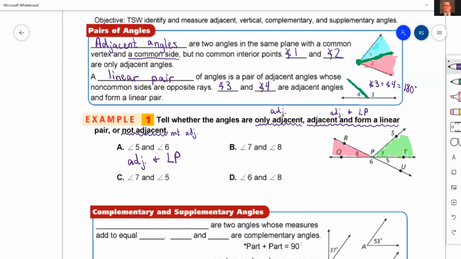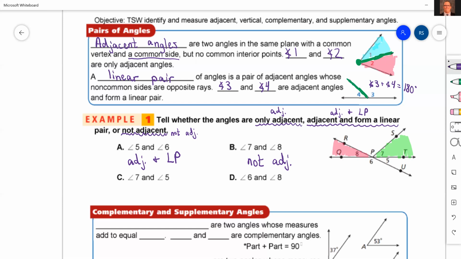Do they share a side? They share a vertex, but do they share a side? No, they don't share a side. So this one is not adjacent. They have to share a side to be adjacent, and they don't. So not adjacent.